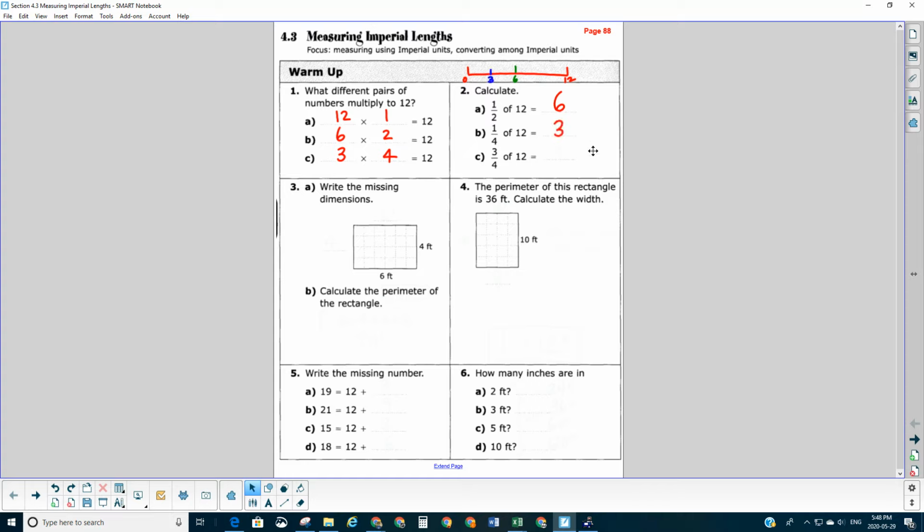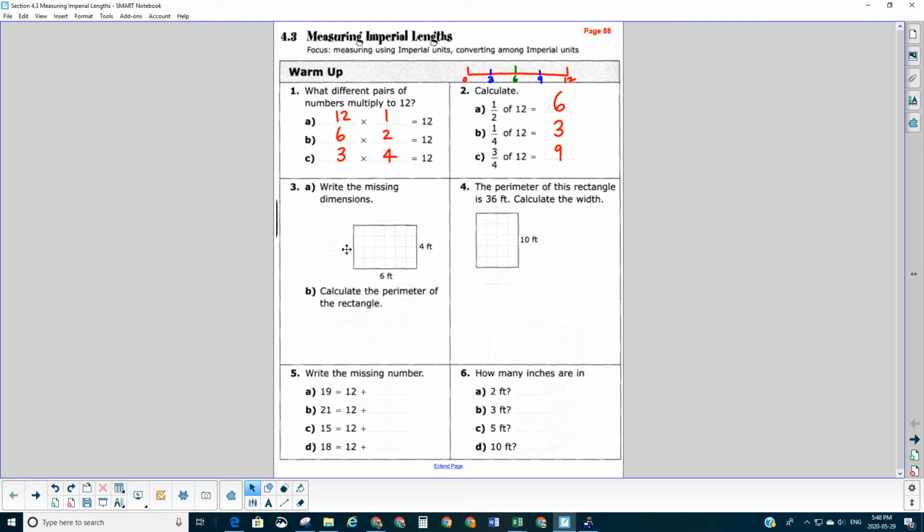And we would get that a quarter of 12 is 3. Or you could divide 12 divided by 4 gets us 3. And then 3 quarters, well, 3 is 1 quarter, 2 quarters is 6, so another 3 halfway between 6 and 12 is 9. And 3 quarters of 12 is 9.